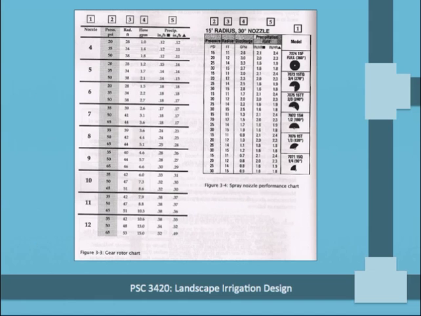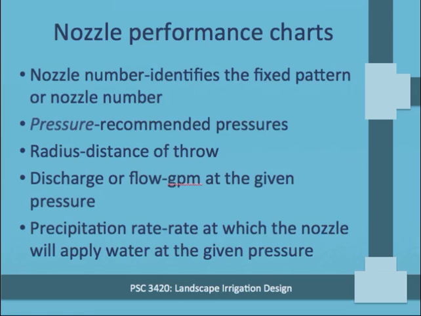Let's have a look. So here is just a really general example of what you might see with a nozzle performance chart. But here, along this left-hand column, is the nozzle name, or in this case number, and that's just designating which particular product is being described. Next, you're going to see pressure listed, and that is the recommended pressure that the sprinkler is designed to perform best at.